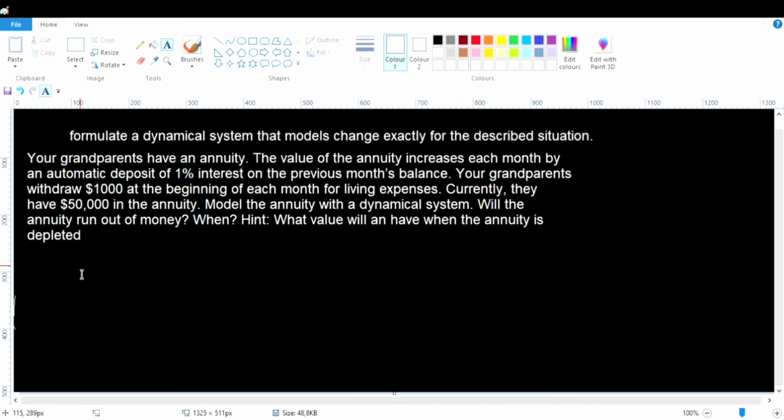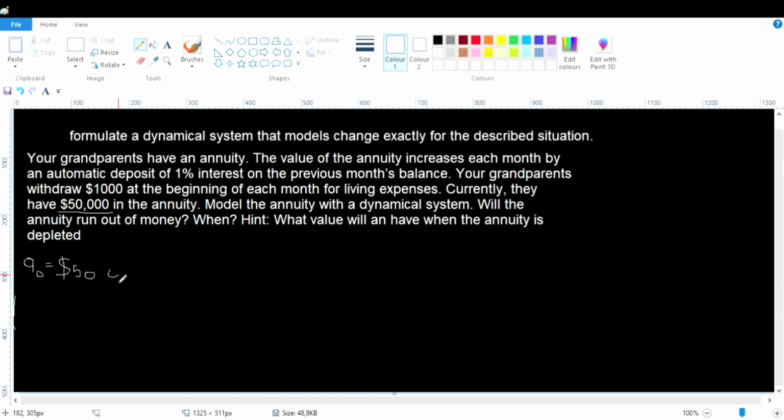The initial value is the value that we start with. Currently, they have $50,000 in the annuity. So $50,000 is the initial value. So first step here, I'm going to write A sub 0 equals $50,000.